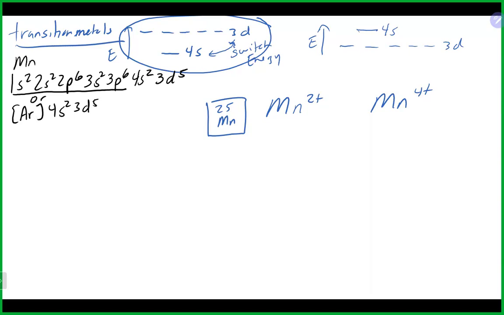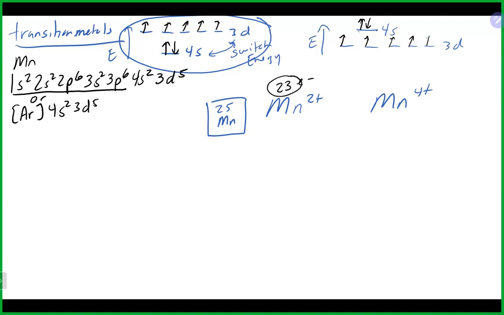Now, if we go to our Mn2+, that means it has lost 2 electrons. So this guy will only have 23 electrons. Now, if we fill in our orbital diagram here for just the back end, we have 1, 2, 3, 4, and 5. Remember, there's going to be that switch that's going to occur because it's a transition metal, and we will end up with what we have here on the right.